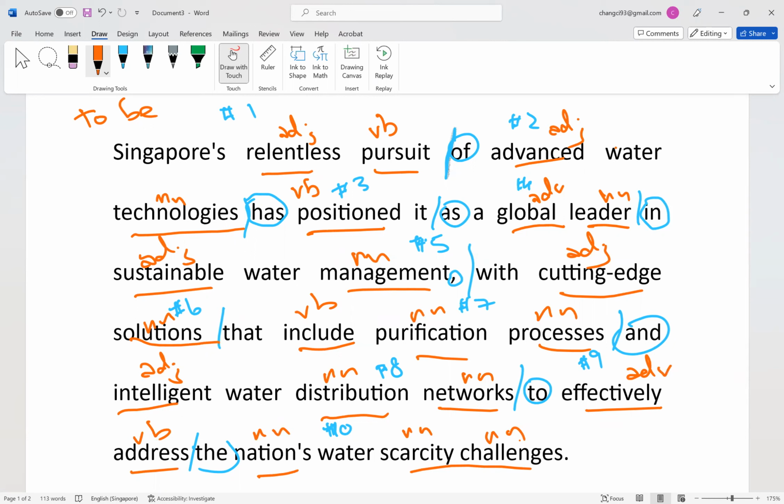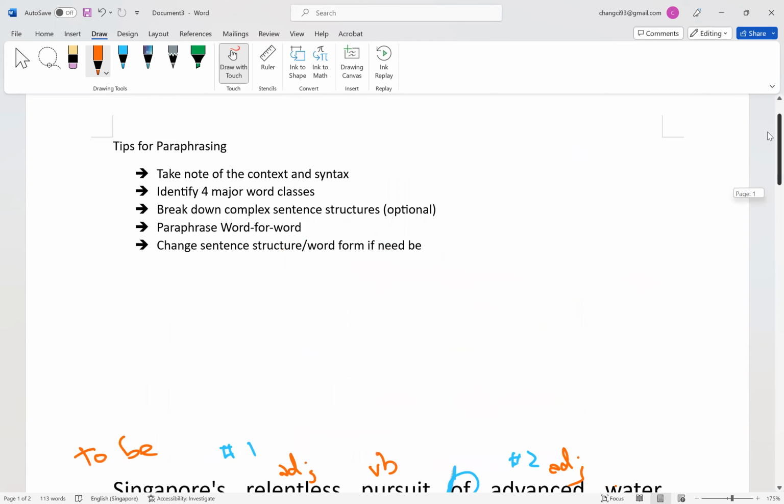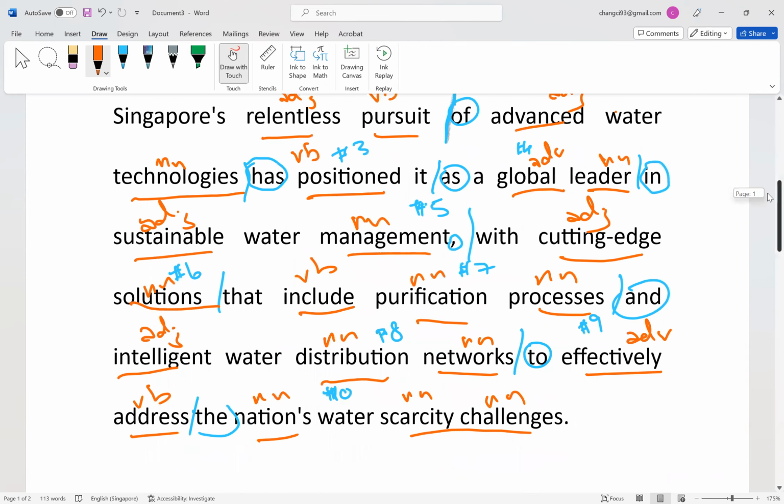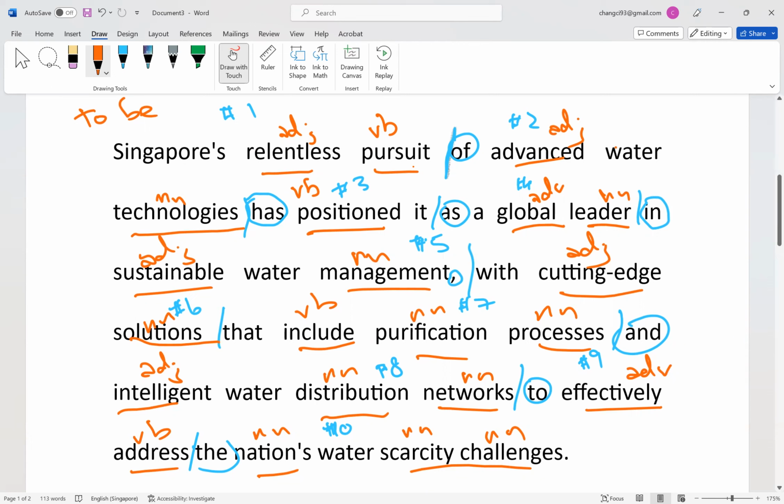Now, this next step is the part where I guess many students struggle with. Well, technically, yeah, I guess so. The actual paraphrasing process itself. Okay.